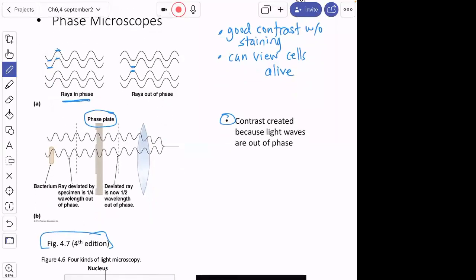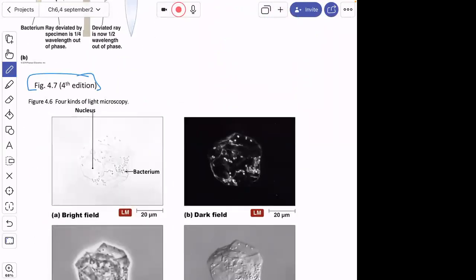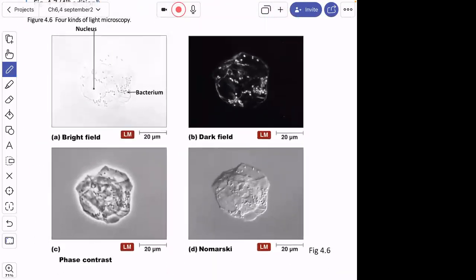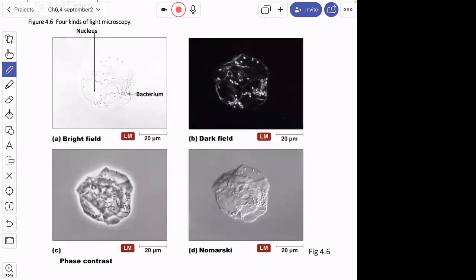Right, so here's a nice picture from your book, just examples of what the same cell would look like with those four different kinds, or well, three, depending how you count it, of microscopy. Without staining, that cheek cell, or whatever it is, is kind of hard to see with bright field microscopy.